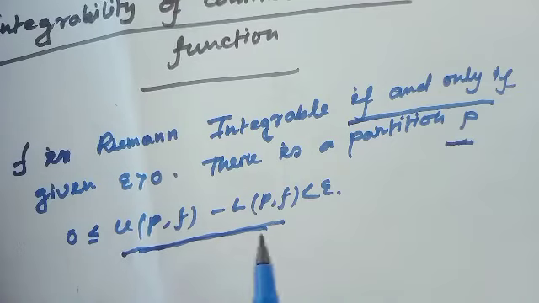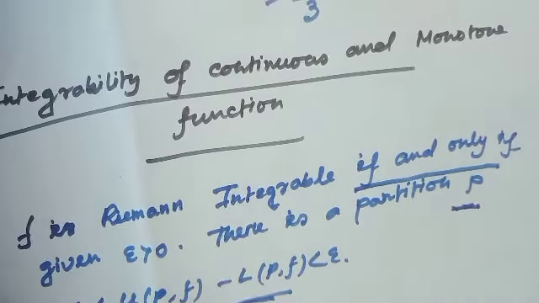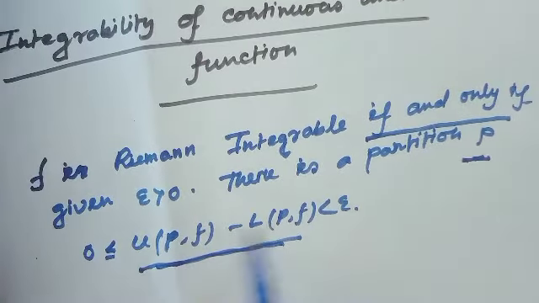That means we have to find one partition such that the distance of U(P,f) and L(P,f) is close to each other. And to prove this theorem, I will use this property.